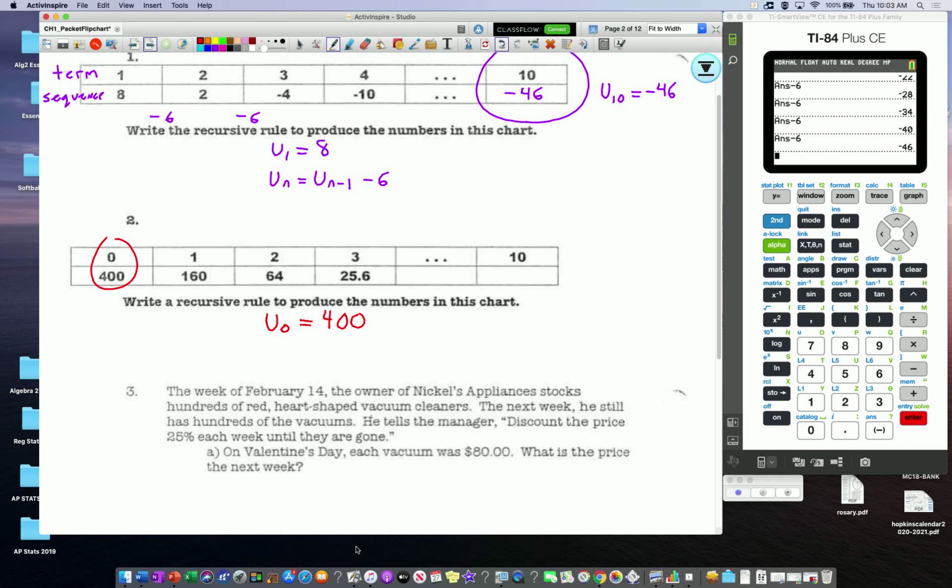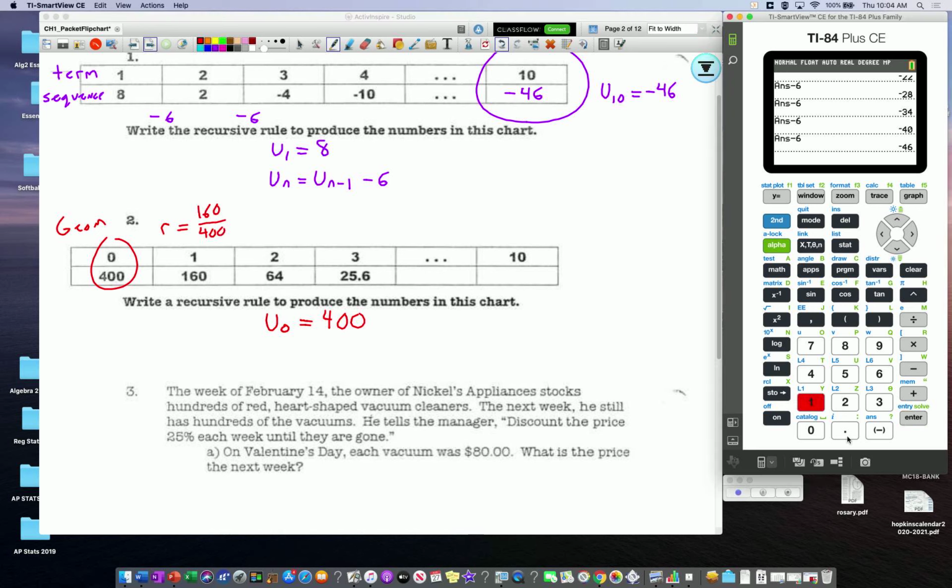Now, 400 to 160, we lost 240. If I were to subtract 240 again, I don't get 64. So this tells me right away it's not arithmetic, it's geometric. So I'm going to use that r and see if that works. 160, and I'm going to divide it by 400.